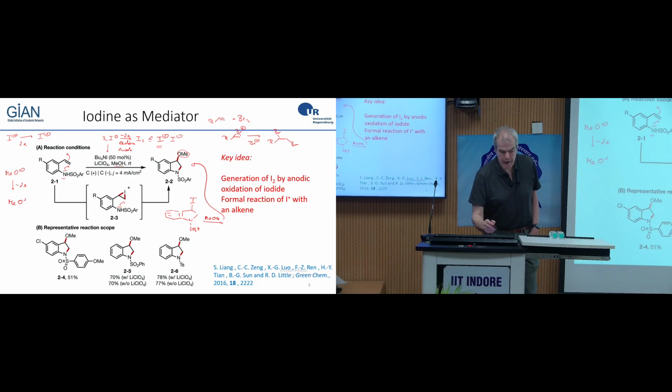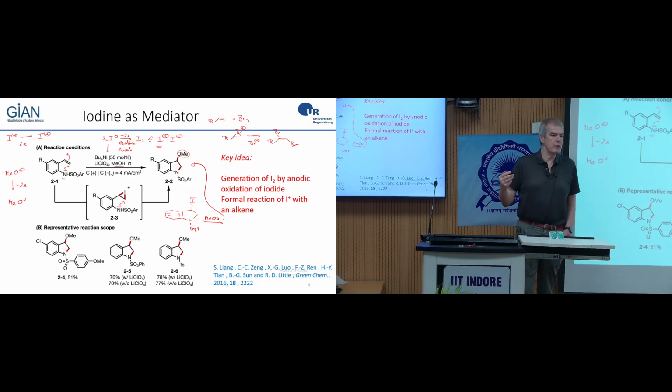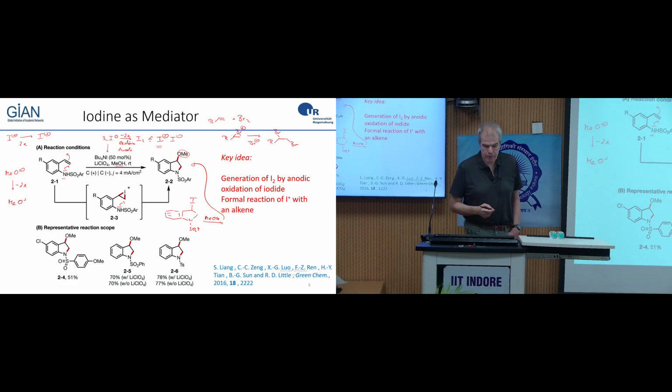If you don't have the iodide in there, you could think also, why isn't it working also without the mediator? Because my electrode could oxidize the methoxide. You need much higher current in order to do this. And so the iodide has become really popular, again, essentially to act as a shuttle. And also please note that it's catalytic.